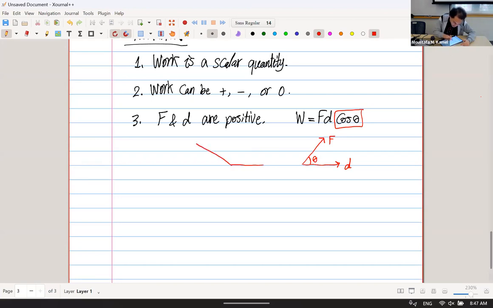But if it's something like this, force and distance, and this is the angle theta, then work is negative. If it's perpendicular, then there is no work done. So this is zero, this is negative, this is positive.